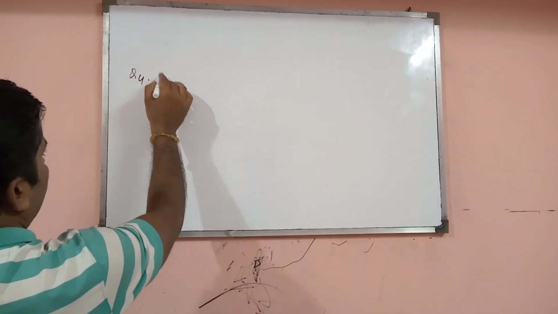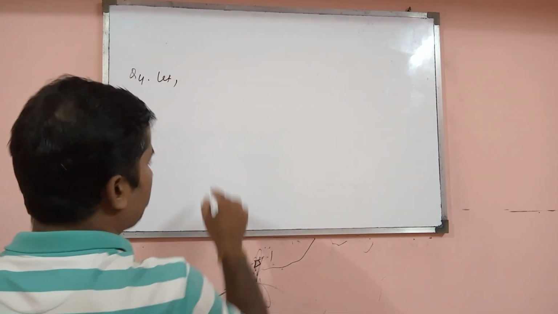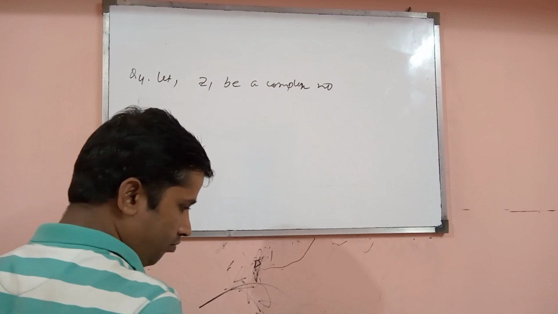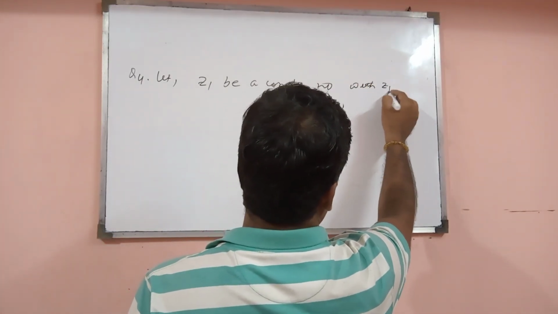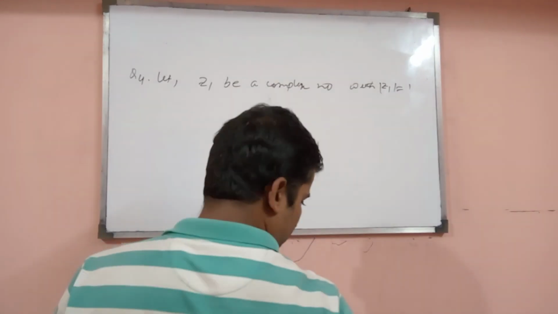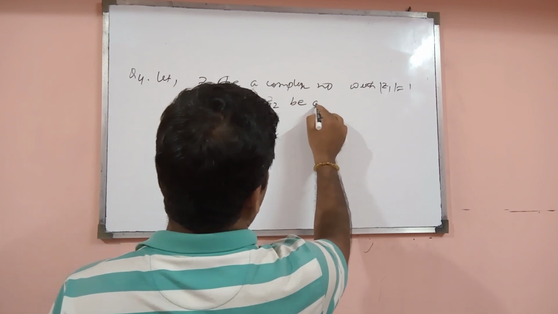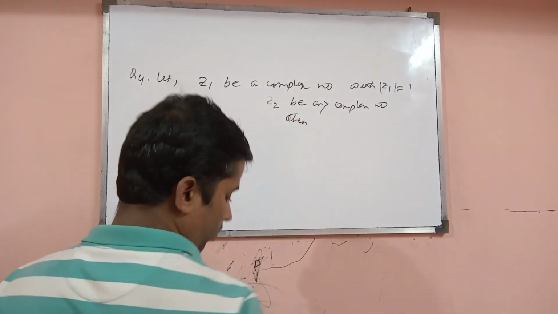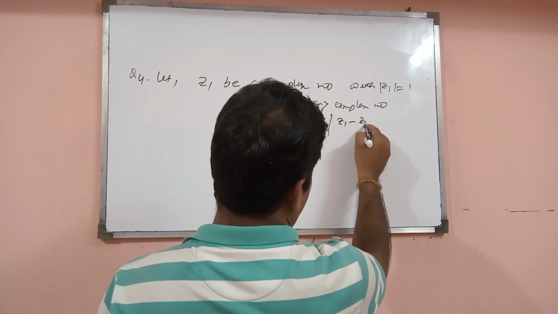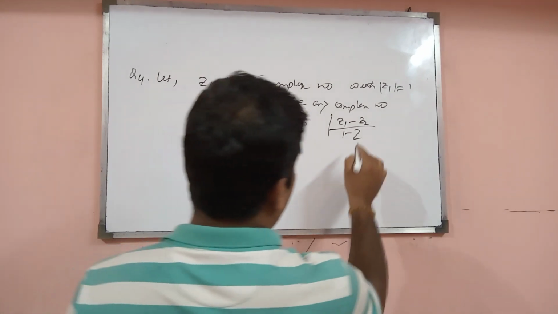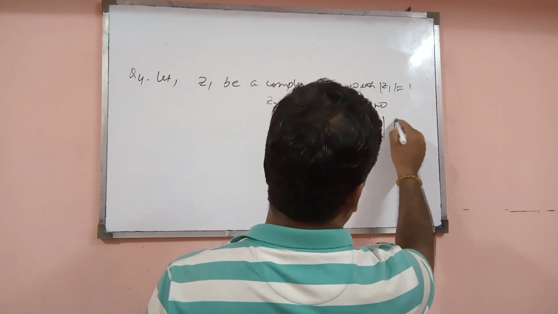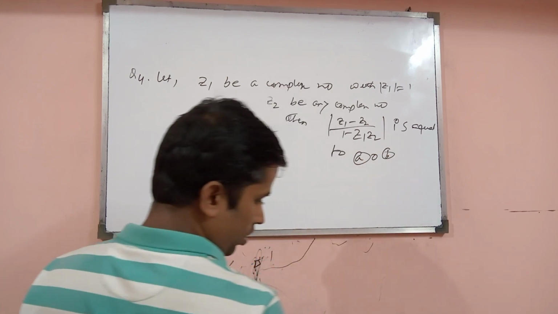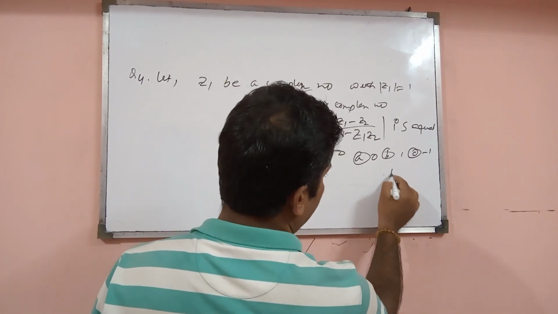Let question number 4: let z1 be a complex number with mod z1 is equal to 1, z2 be any complex number, then mod of z1 minus z2 by 1 minus z1 bar z2 is equal to option A 0, B 1, C minus 1, and D is equal to 2.